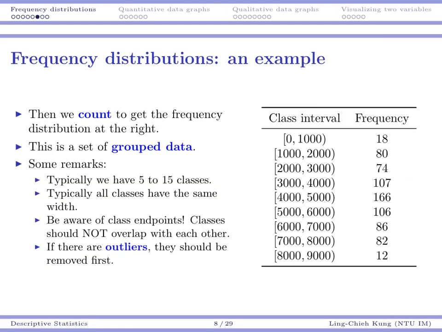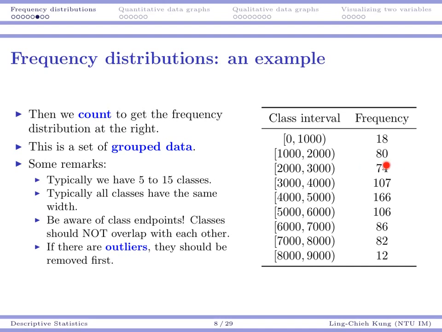Once you have class intervals, the next step is to simply count all the numbers one by one and put each number into one class. And eventually you will get the frequency distribution just like this. There are 18 numbers that belong to the class from 0 to 1000.